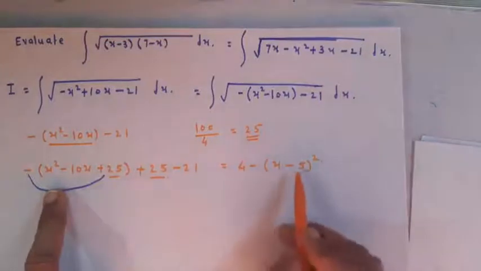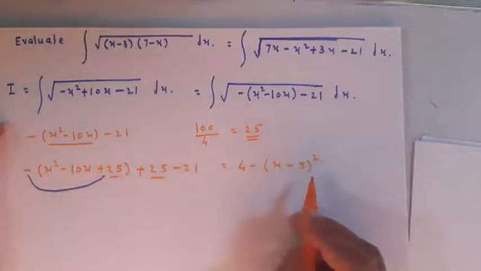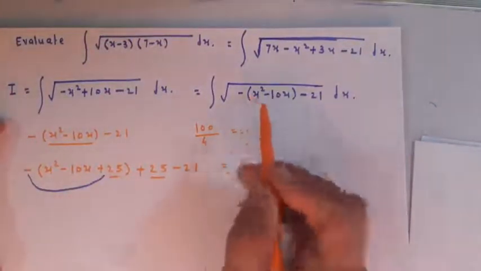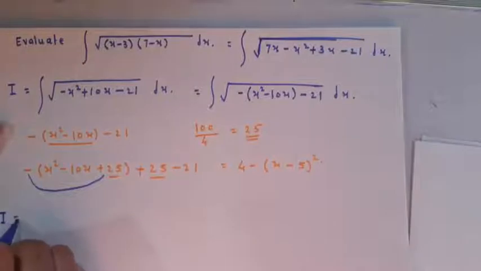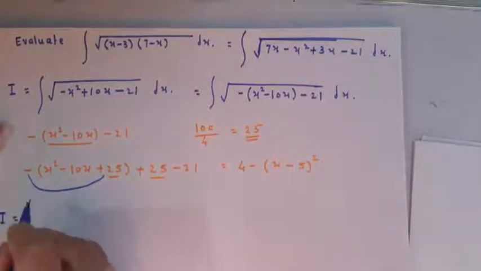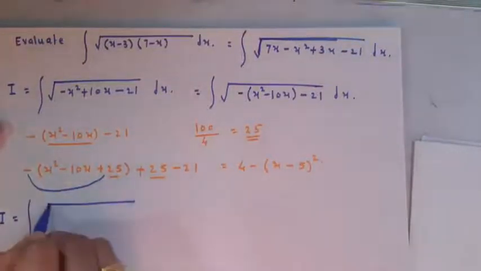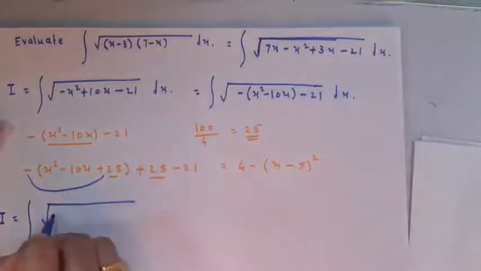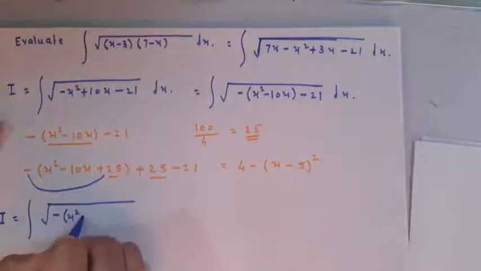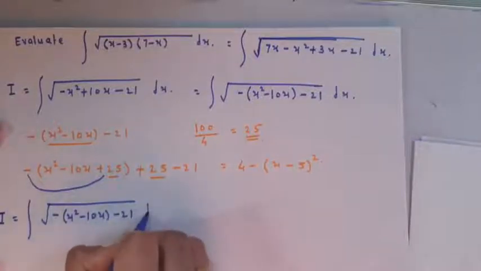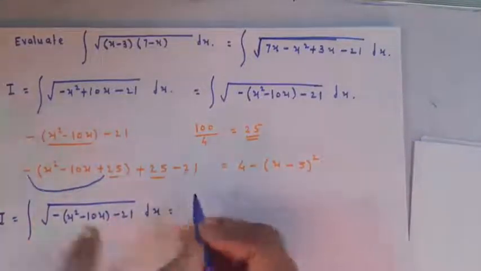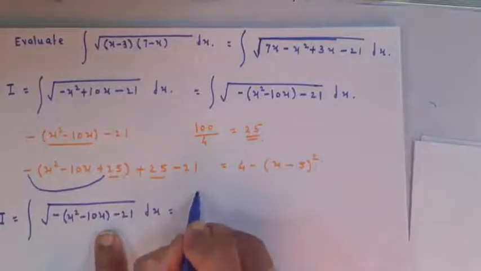Okay, that is (x minus 5) whole square, and hence we can write the integration I equal to the integration of this, minus x square minus 10x minus 21, with respect to x, by using such type of adjustment.